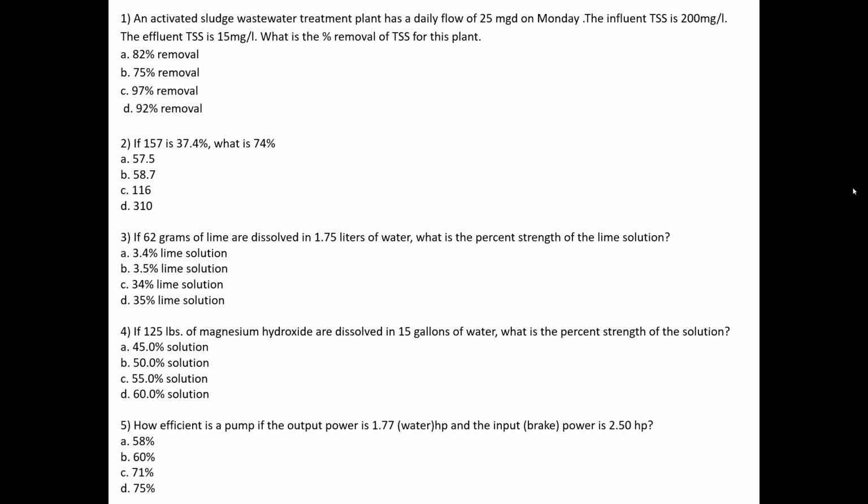It's also a primary formula if you're calculating pounds of BOD or pounds of solids. It's a very common formula. It's milligrams per liter times 8.34 times MGD. That 8.34 is the weight of water, pounds per gallon.